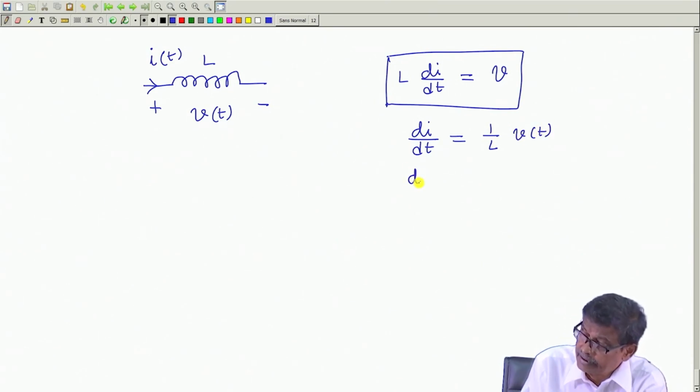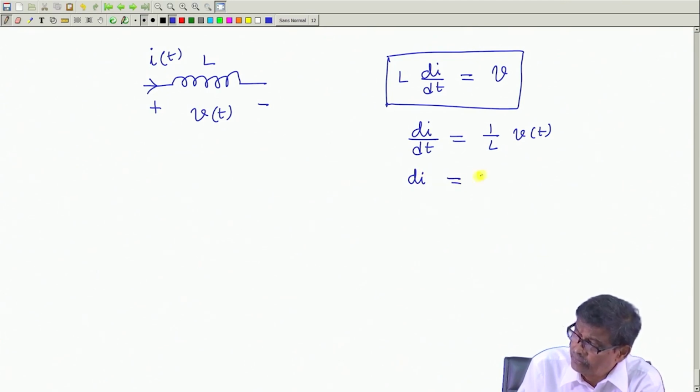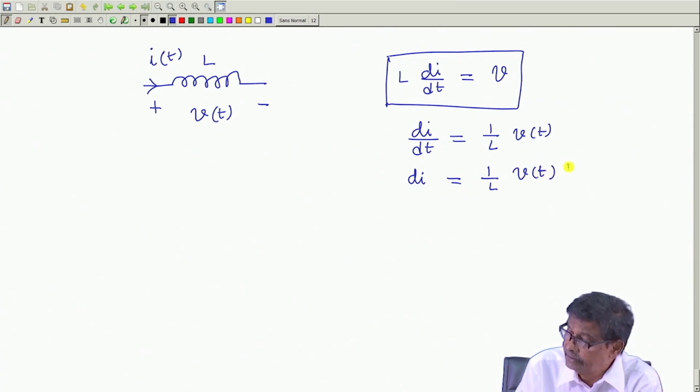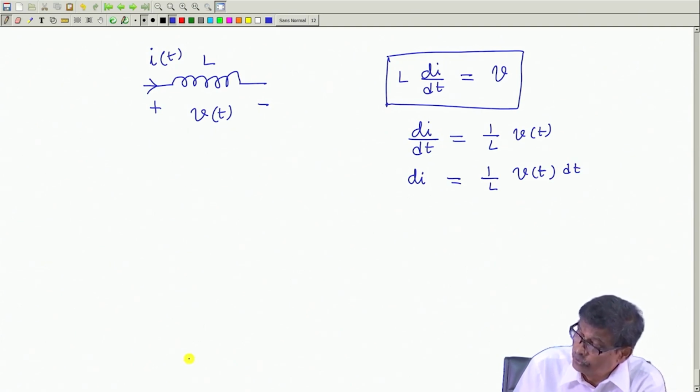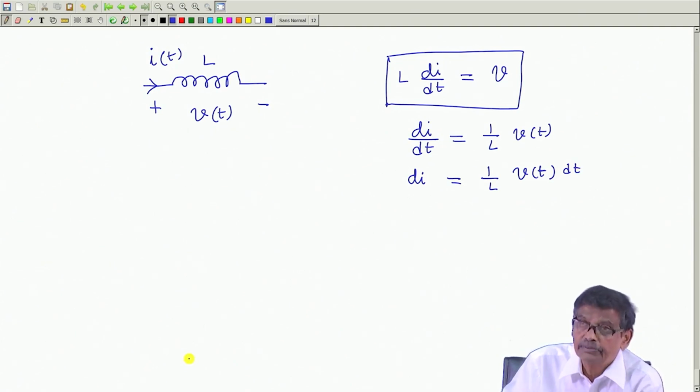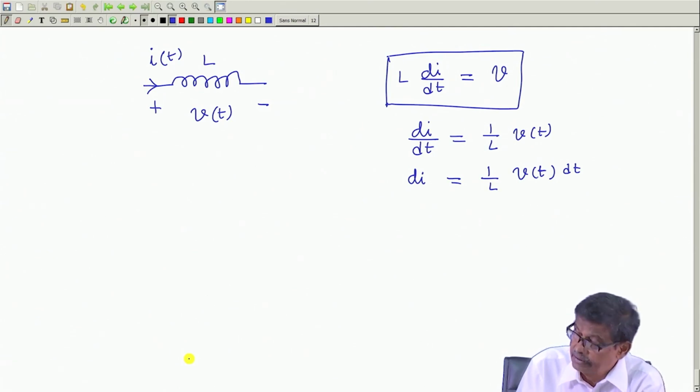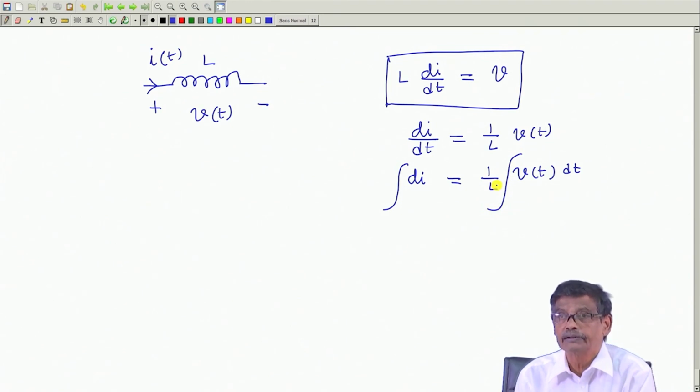Then you can write dI as 1 by L into V(t) dt. Now, to find out the value of the current at any time t, I have to integrate this to get the value of the current.